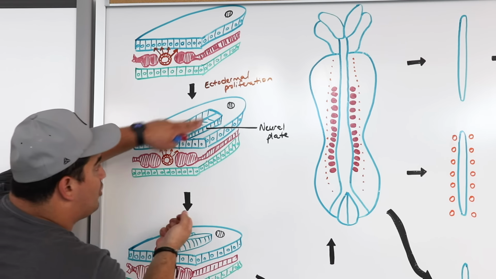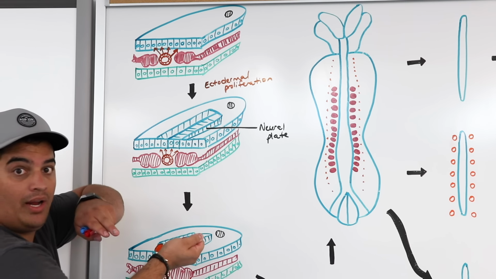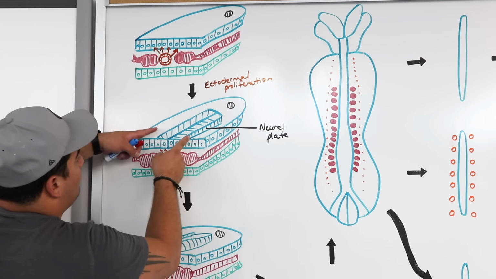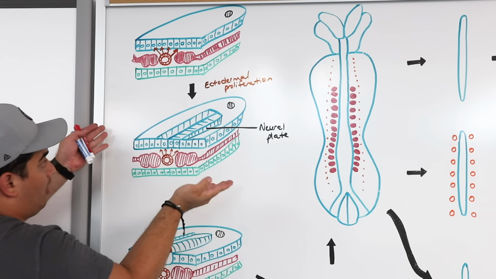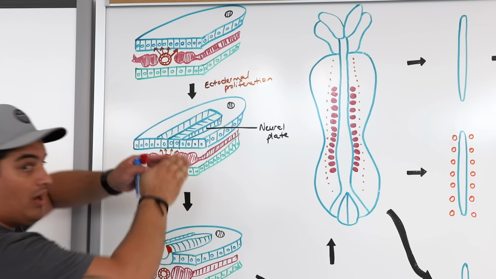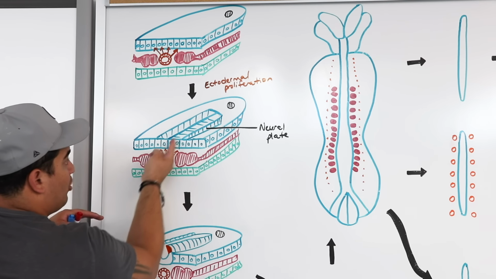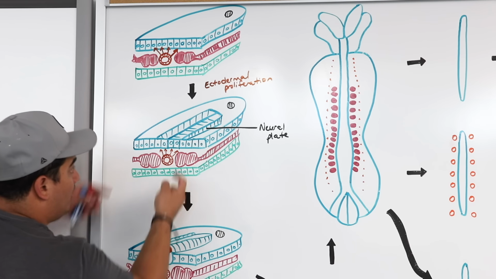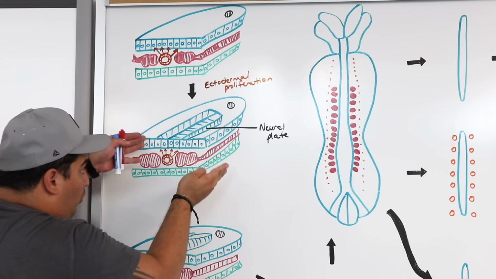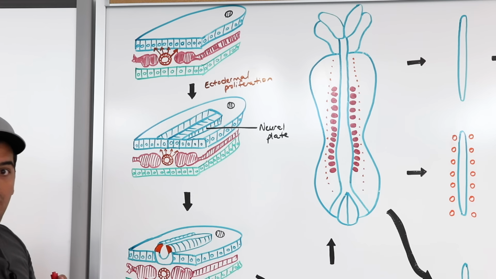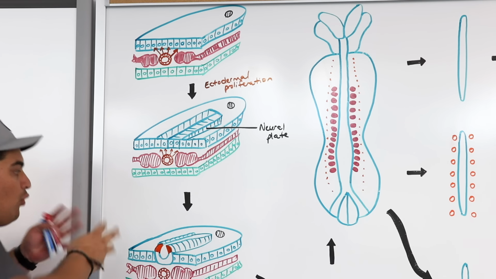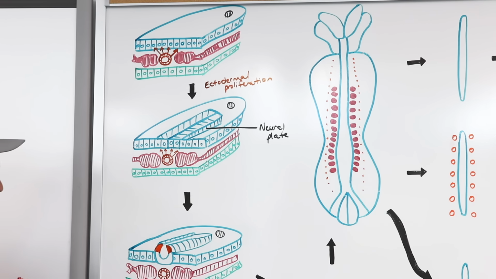It's going to pull the center of this plate downwards. At the same time, the edges of the neural plate are going to start working towards one another, coming towards the center. So the central part of the neural plate pulls down, and the edges start rolling towards one another. That begins this folding or involution process.